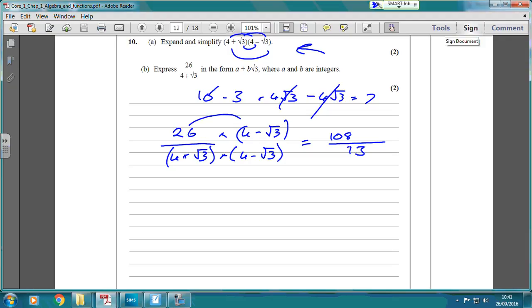So 26 times by 4 is 108. 26 times by root 3 is going to be minus 26 root 3. So we're going to do 108 divided by 13, which of course is 8. 26 divided by 13, which is 2. So that's 8 minus 2 root 3.